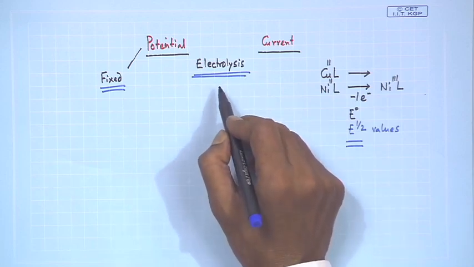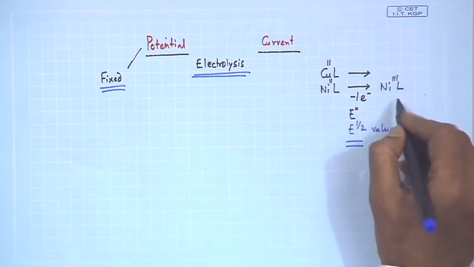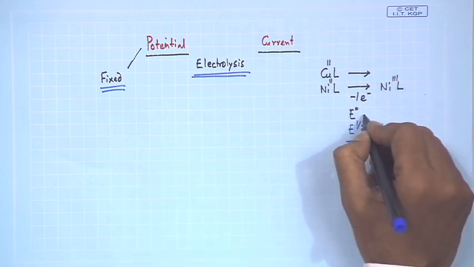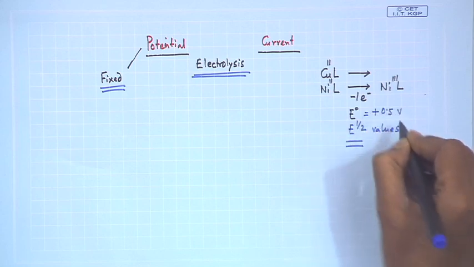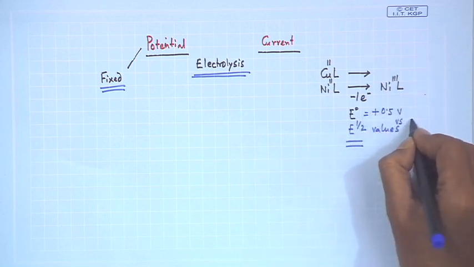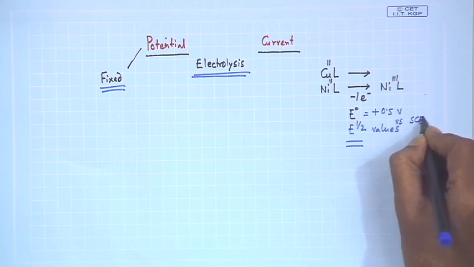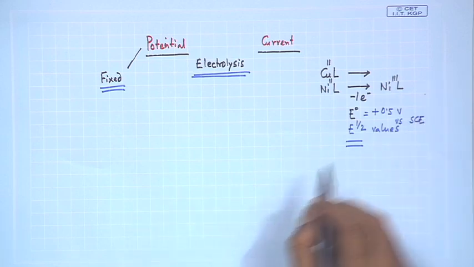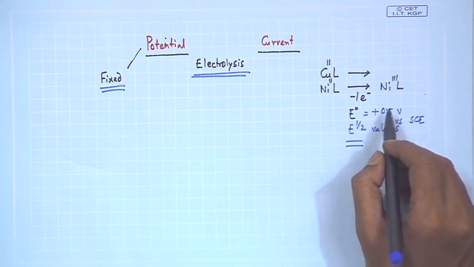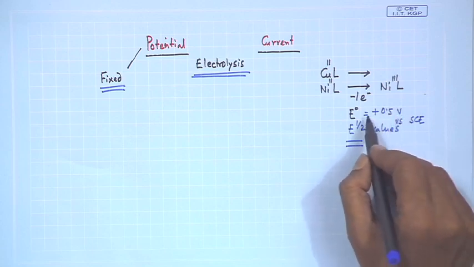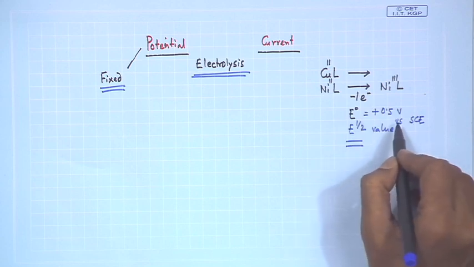So, at a fixed potential value, suppose this particular one is oxidizing at an E half value of say plus 0.5 volt versus SCE, saturated calomel electrode. We have seen also that we can have ohmic potential values and the corresponding polarization factors and all these.